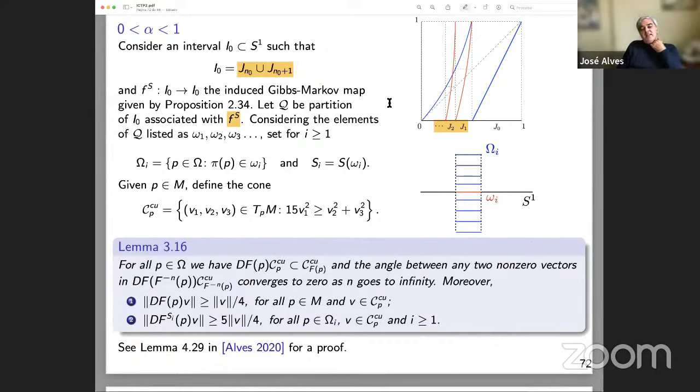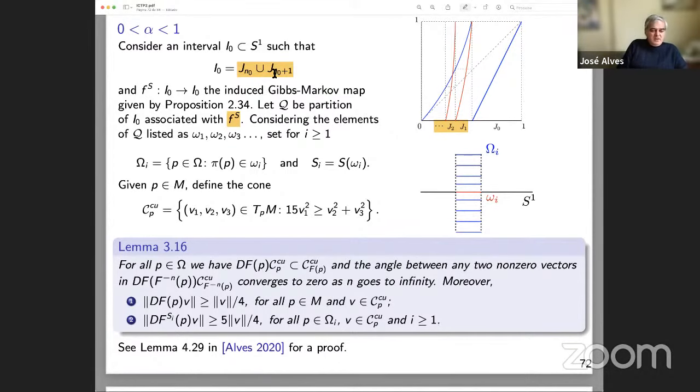For that, we first consider the iterates for which it escapes from this region, and then we consider the returns. And points in Jn0 escape 1 unit less than in Jn0 plus 1. And so this makes that there will be points with consecutive return times.